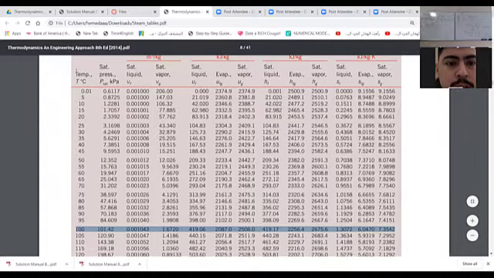F, saturated liquid. This is called specific internal energy, the summation of all internal energy within a system, not potential energy, not kinetic energy. It's actually molecular and nuclear energies. What is enthalpy? Enthalpy is like this.